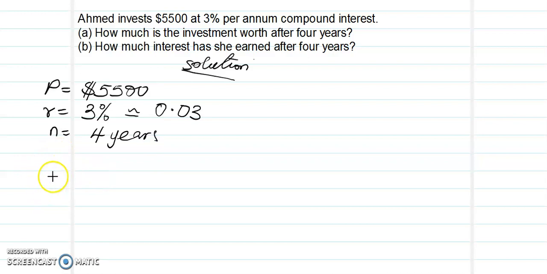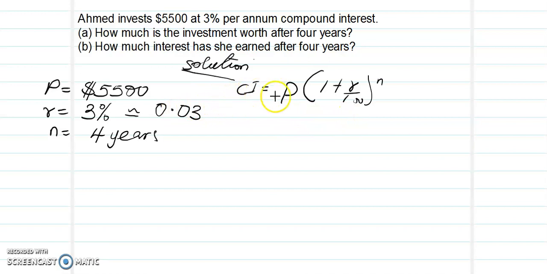So the compound interest formula gives us P times (1 plus R over 100) power N. We don't have to use this 100 again because we have already made use of it here. Note that.